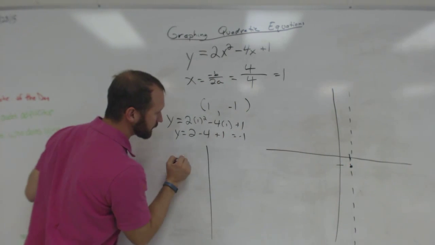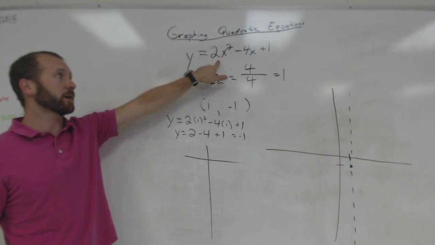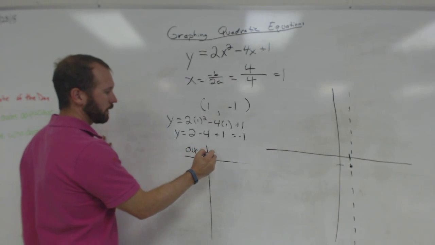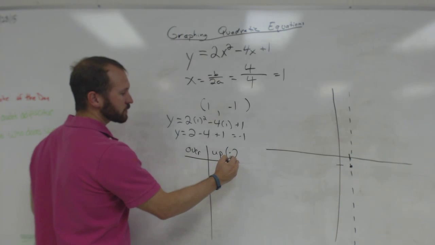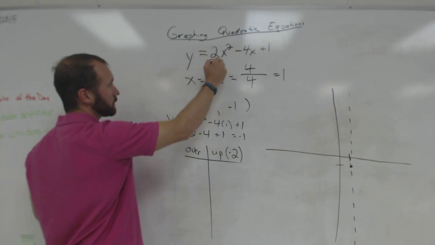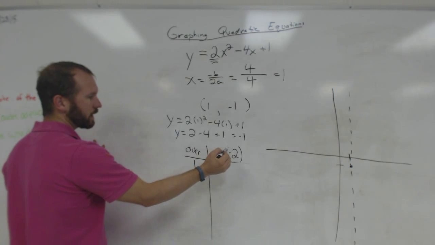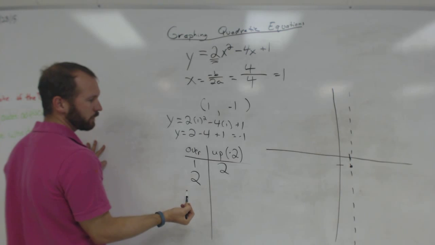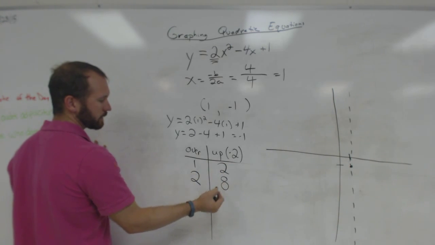This is the only thing that changes when we have an a that's not 1 or negative 1. In our little chart, we go over, and then go up what we were doing before times 2, because there's this 2 here. So I'm going to go over 1, up 1 times 2, which is 2. Over 2, up 4 times 2, which is 8.